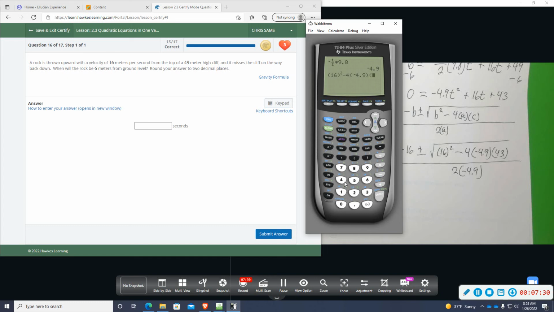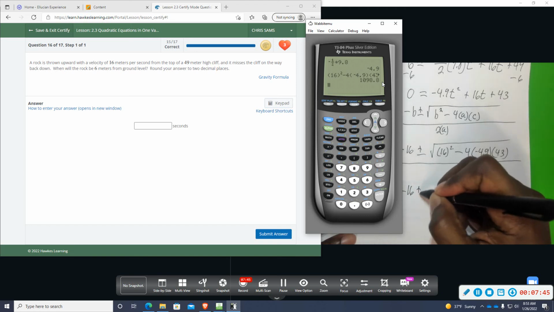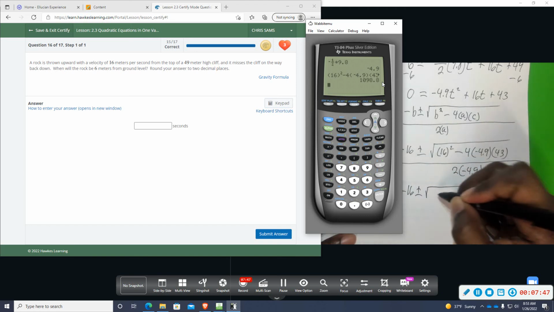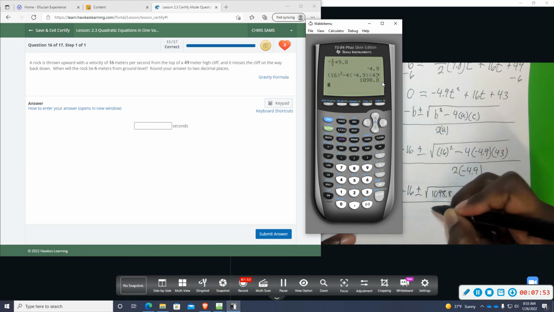And then times 43. Okay, so all of this will give us 1098.8. So we have negative 16 plus or minus the square root of 1098.8, all divided by negative 9.8.